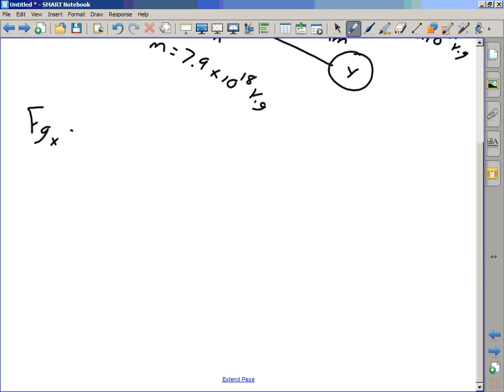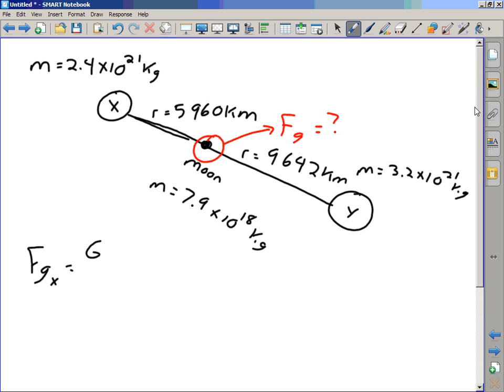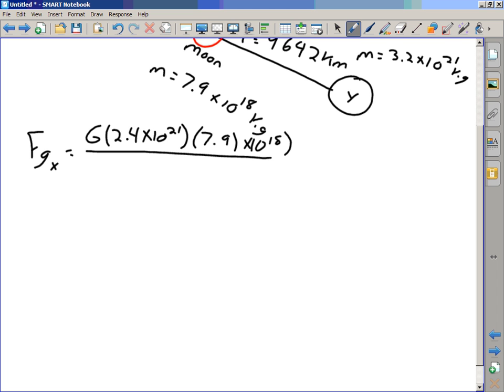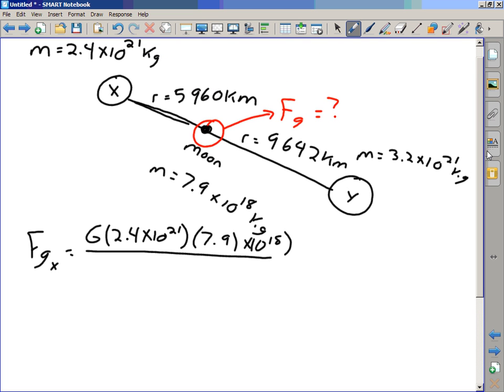Fg from X is going to equal big G, and I'm going to need you all to punch numbers into the calculator for me here. Big G times the mass of X, which was 2.4 times 10 to the 21st, times the mass of the moon, 7.9 times 10 to the 18th, divided by the distance between them. Did you get G, Reed? I didn't.